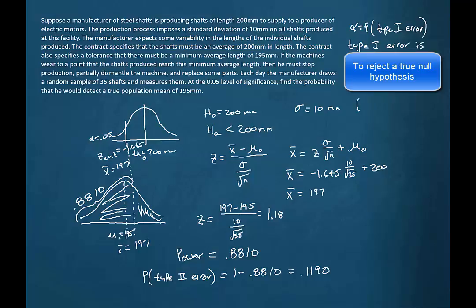The other error is beta, the probability of committing a type 2 error. A type 2 error would be to fail to reject a false null hypothesis.